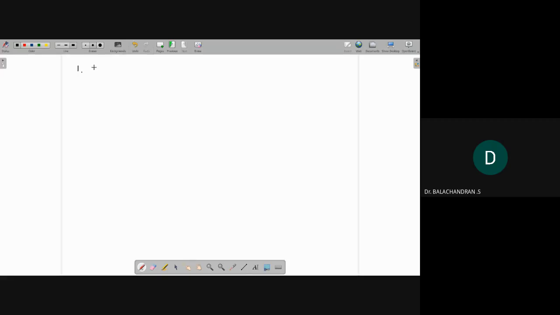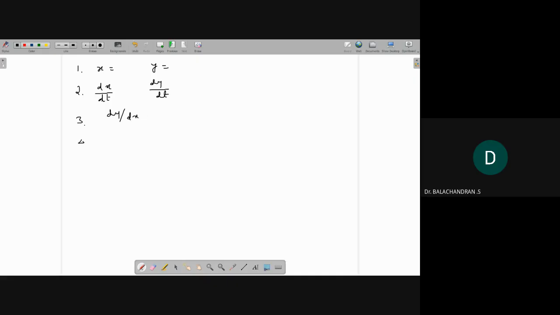First step, you should write the parametric form of the given curve. Second step, you should find dx by dt or dx by d theta, whatever it may be, and then dy by dt. And then third step, you should find the first derivative, that is dy by dx.